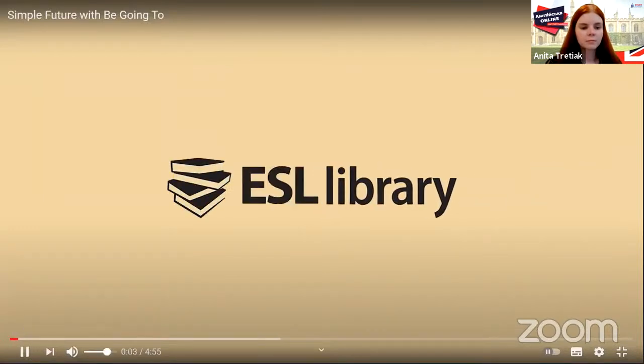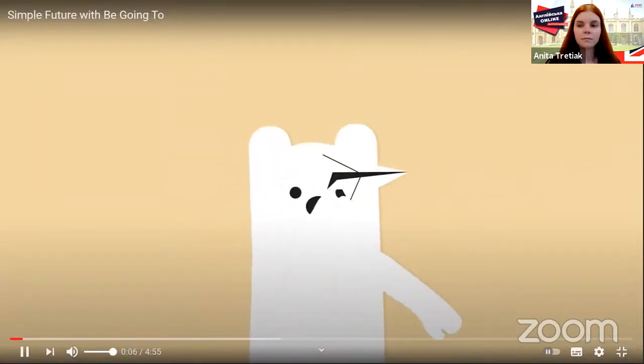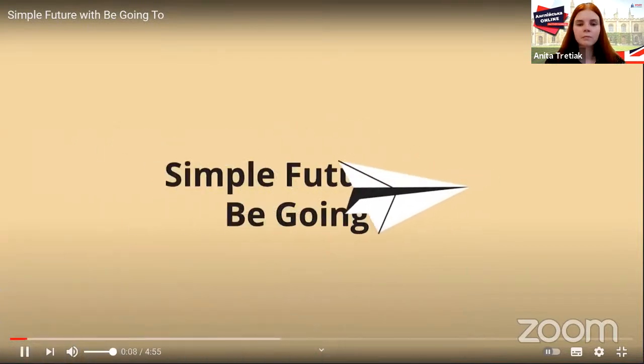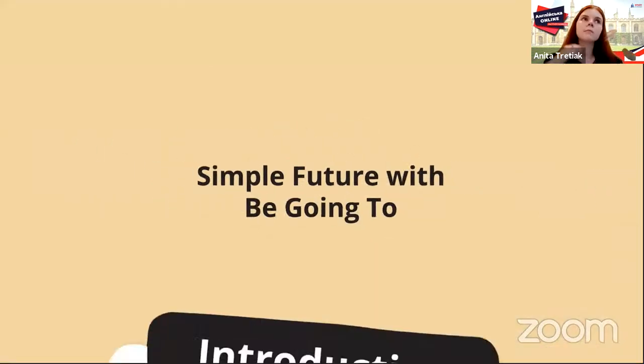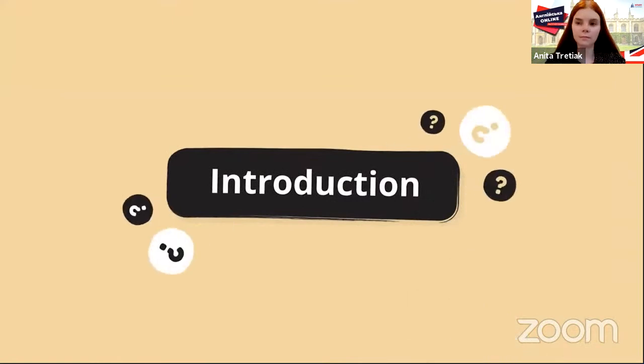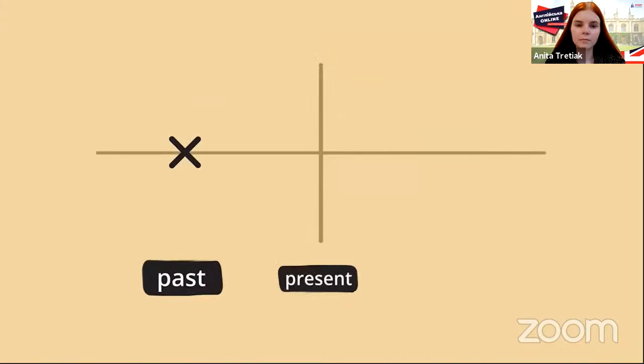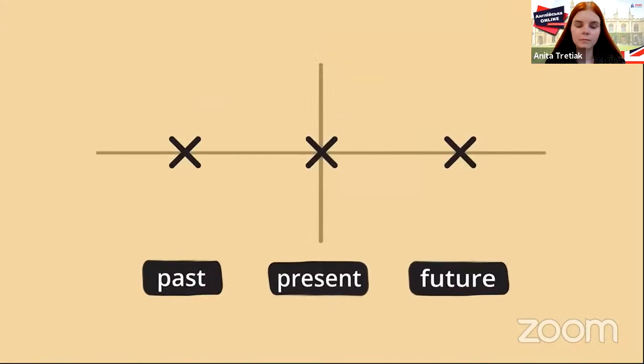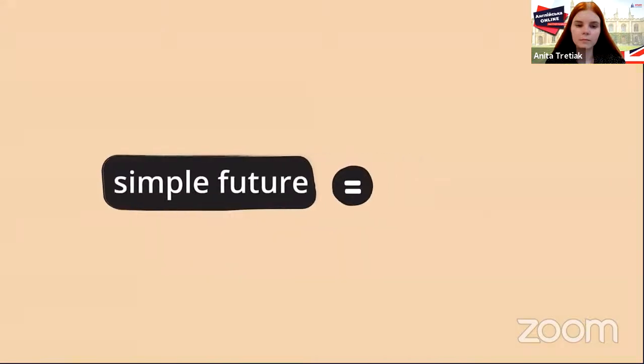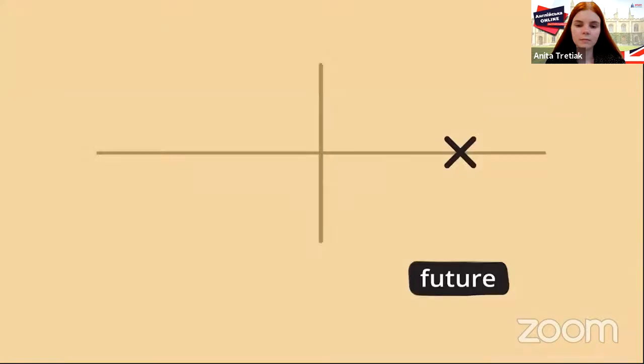ESL Library. Simple future with be going to. What are verb tenses? Verb tenses show the time that an action takes place. The simple future is a verb tense. We use the simple future tense for actions that will happen at a future time.